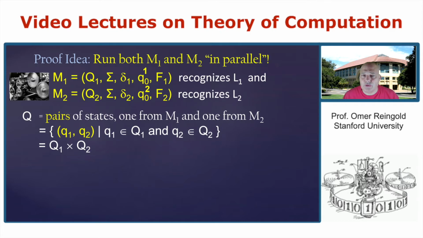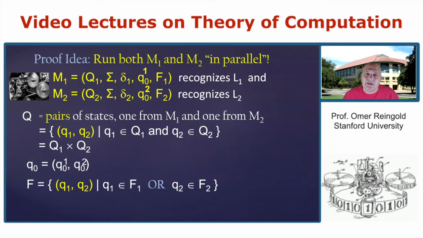So Q1 belongs to the set Q1, and Q2 belongs to the set Q2. So when we're saying that in parallel we're going to run M1 and M2, M1 is going to run on the first component of the state, and M2 is going to be run on the second component of the state. The start state is Q01 and Q02, right? Because we want these to be two parallel runs, and both of them need to start from the corresponding start states.